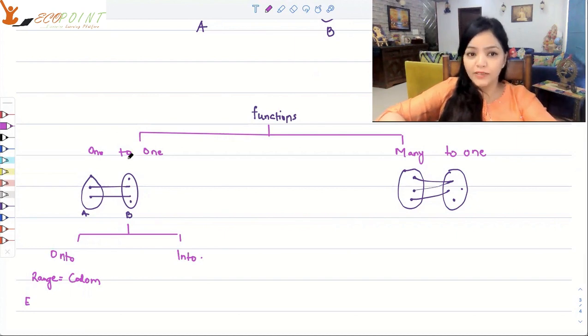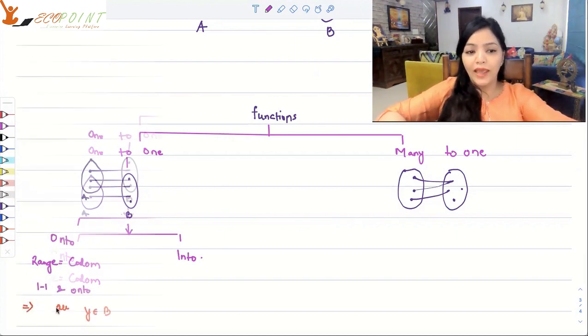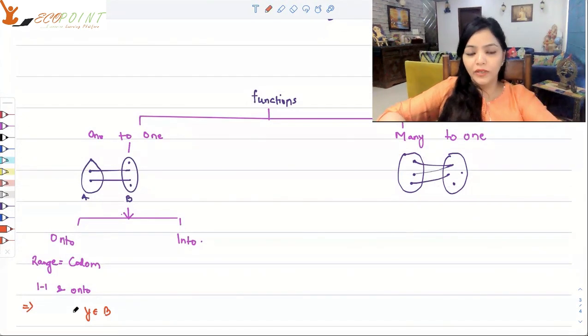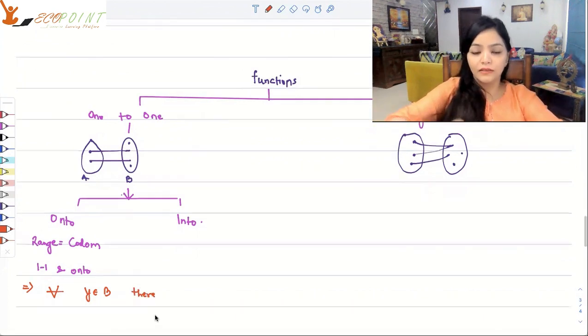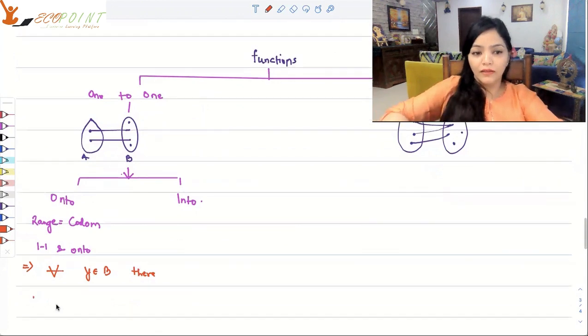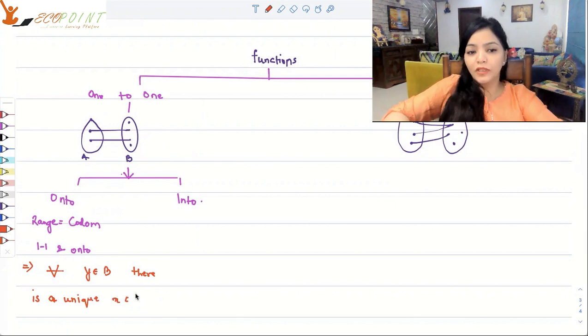Right? So when it is coming down from here, then that means one-to-one and onto. That would imply for every y belonging to B, there is a unique x belonging to A. So for every y, you have a unique x.